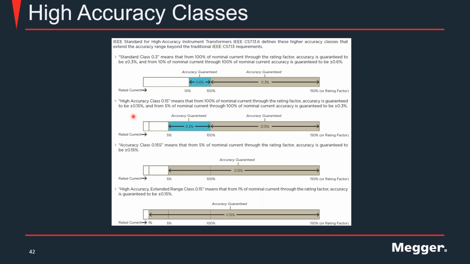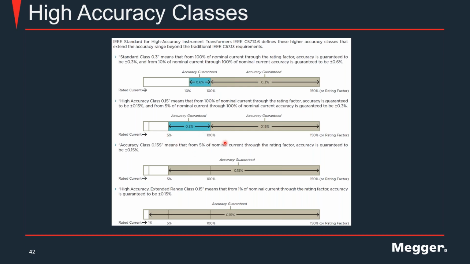I wanted to mention that for metering CTs, you have high accuracy classes, which are mentioned also in the standard. We will send this presentation out, but you can go there and find them. Essentially, what I mentioned in my first slide is that CTs for metering have to guarantee an accuracy between 10 and 100% of nominal, but there are other accuracy classes that have to guarantee a higher accuracy at different levels of rated current.